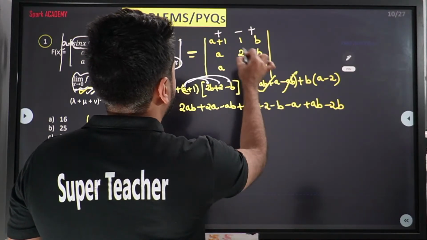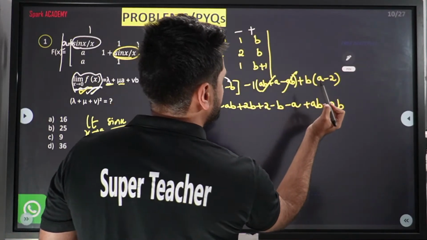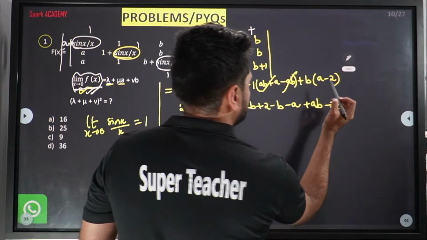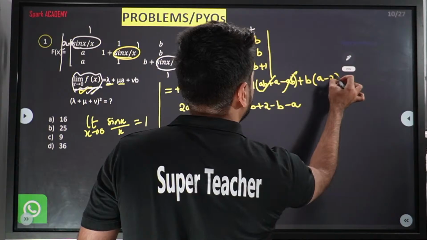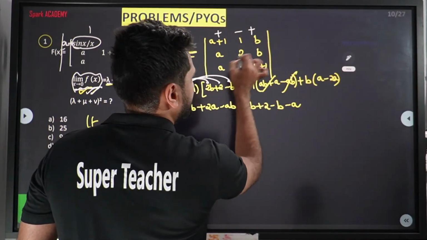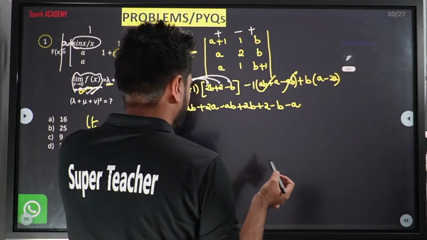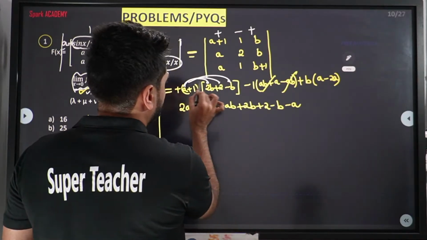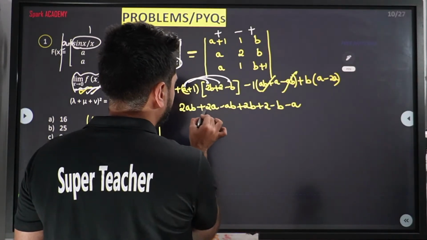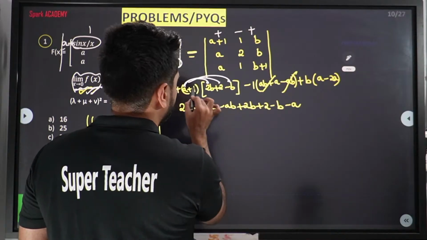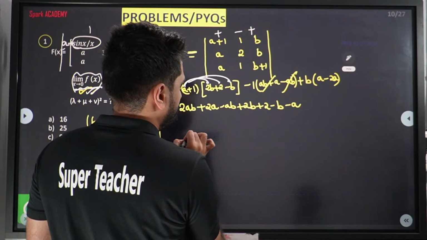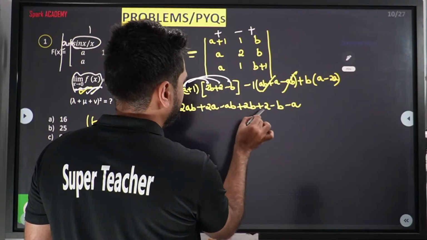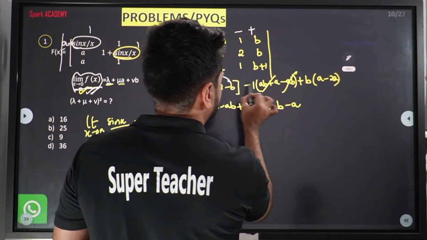This is plus b into a minus 2a, which is minus ab. So this is basically a minus 2a, that is minus a. This will be 2ab, 2b, 2a, minus ab, 2b, 2 minus b, and this is minus a.